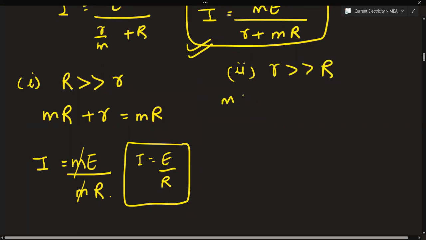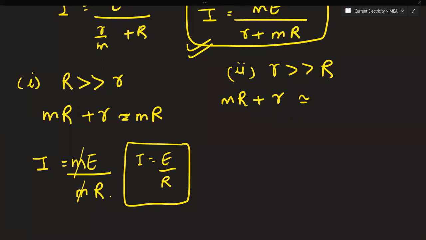So in this case, can you tell, if MR plus small r is there, how can we approximate it? See, MR plus r will be approximately equal to what, if your internal resistor is greater than your external resistor?